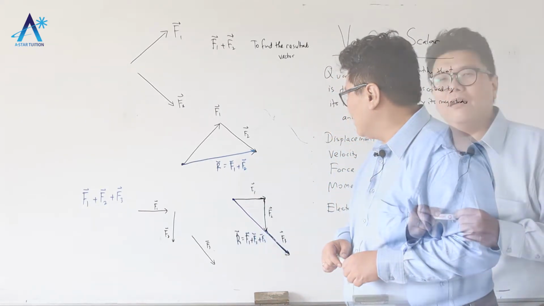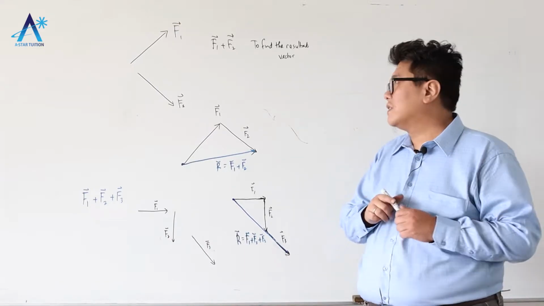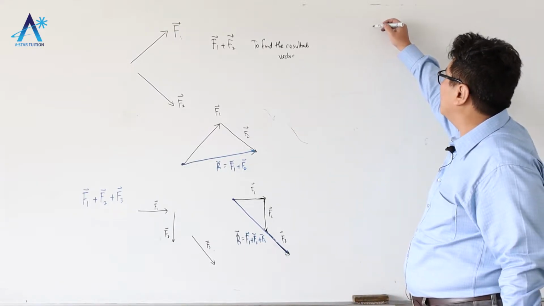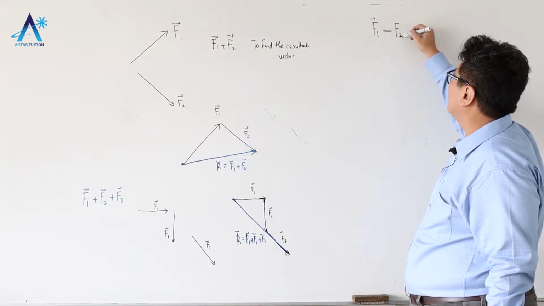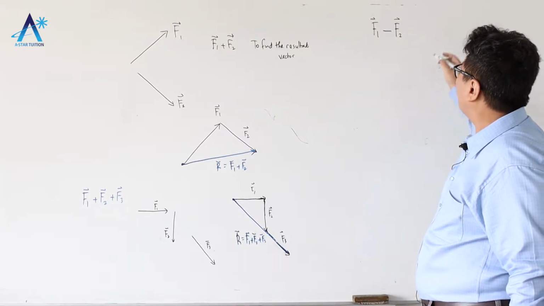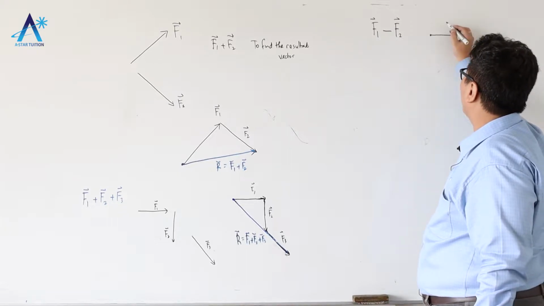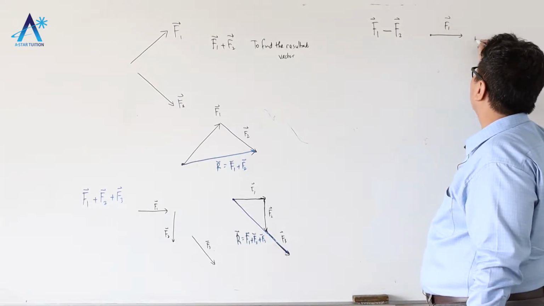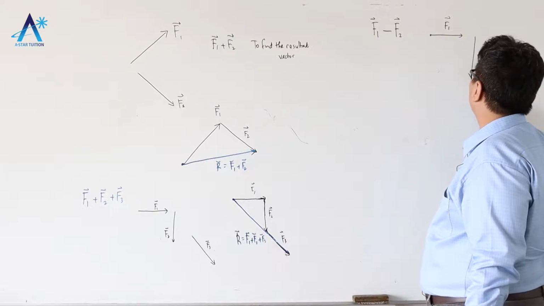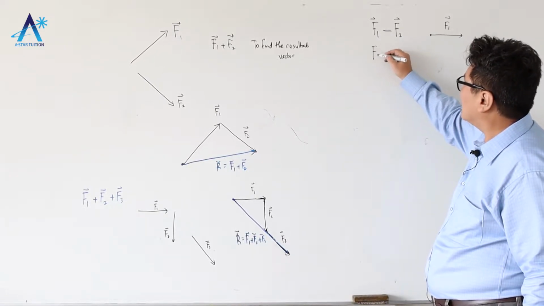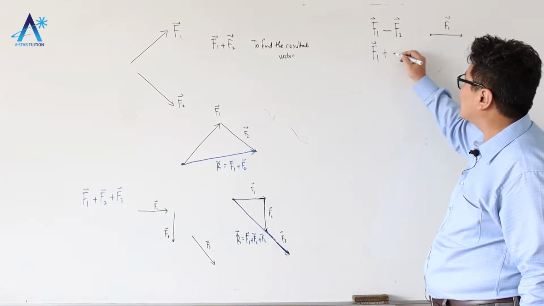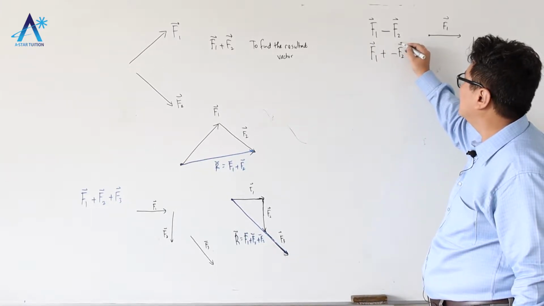What about subtraction of two vectors? What happens if you have F1 and you want to do minus F2? Let's say this is F1 and this is F2. Now, F1 minus F2 can be understood as F1 plus minus F2.